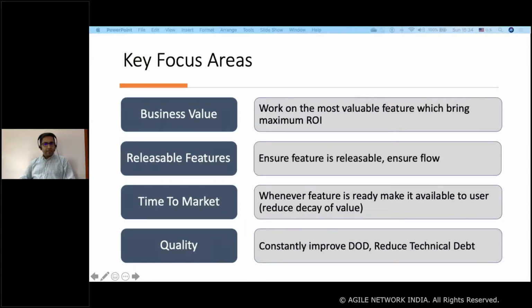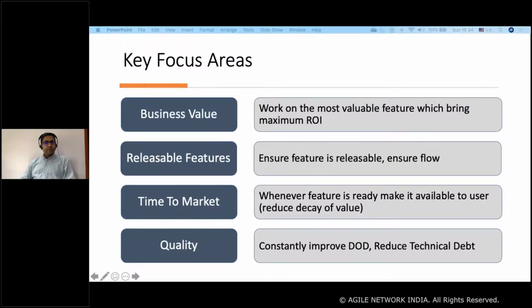Identify the dependencies upfront and make the risks visible. Ensure that the risks and dependencies are visible so they can be acted on in time. And improve the flow within the system. That is the base to ensure that the throughput or the velocity improves.